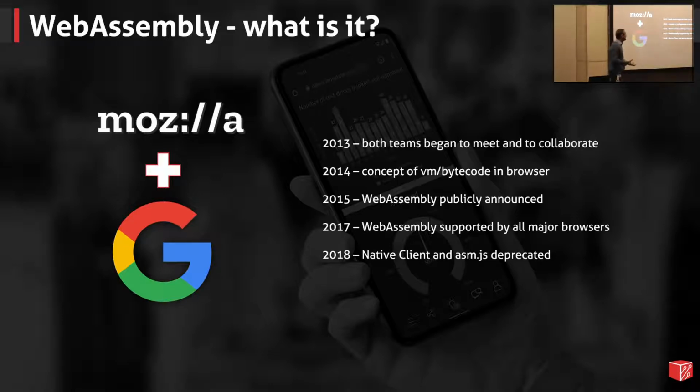By 2015, they publicly announced WebAssembly, and then things moved pretty quickly. Only 2 years later, it was widely supported by all major browsers, and just a year later, Native Client and asm.js were retired. Emscripten still exists, but if you compile your C, C++ with Emscripten now, it compiles to WebAssembly.